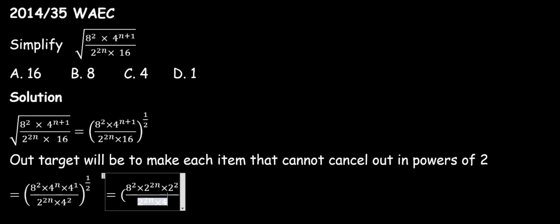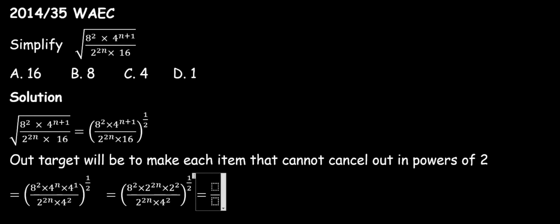Then we close our bracket, raise it to power half. 2 raised to power 2n will cancel out for the denominator and numerator, while raised to power half will cancel out all powers of 2. And that will now give us 8 times 2 all over 4, which is equal to 4.